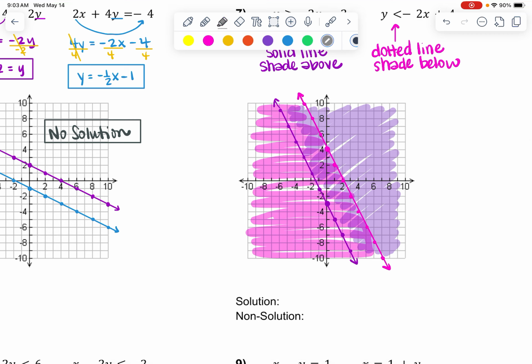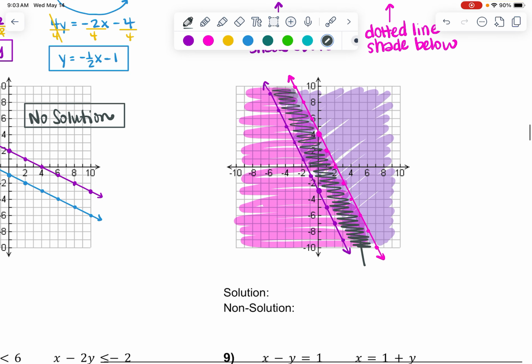And it's up to you to kind of see that right here. That's not dark enough. Let me go gray here. So this right here, this is where my pink and purple solution regions overlap. So those are the solutions that these two inequalities have in common. Okay, so I'm going to put a little dot, I'm going to put a little arrow here, solution region.